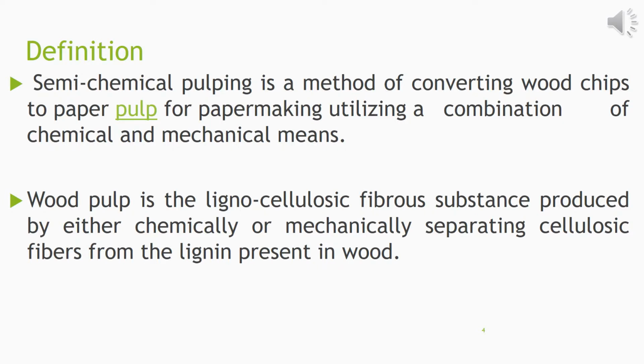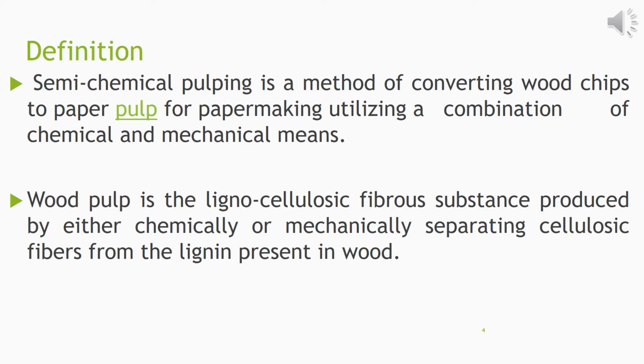Semi-chemical pulping. What is semi-chemical pulping? It is basically a method, a procedure, a technique of pulping. There are different types of pulping.